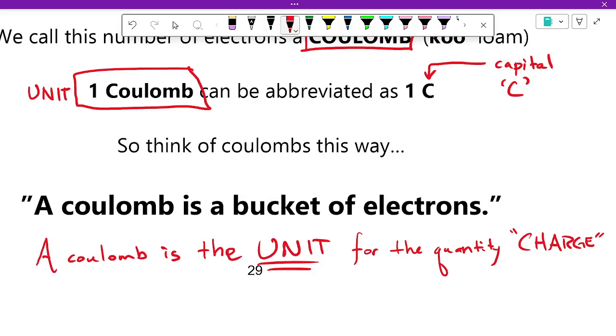So basically we're counting up the amount of charge, but instead of going 1 electron, 2 electrons, 37 electrons, 424 electrons, 1,000,001 electrons, 1,000,002, 5,346 electrons, instead of doing that, we go 1 Coulomb, 2 coulombs, 3 coulombs.